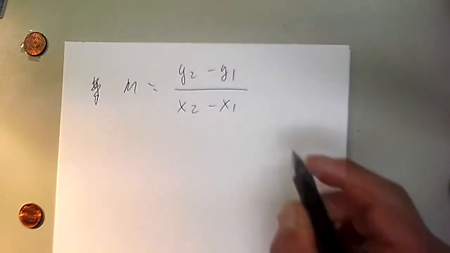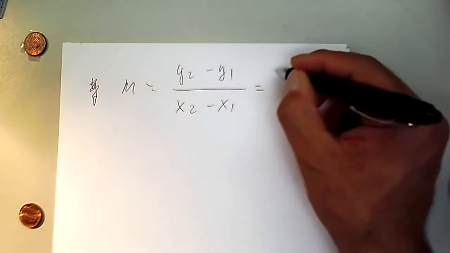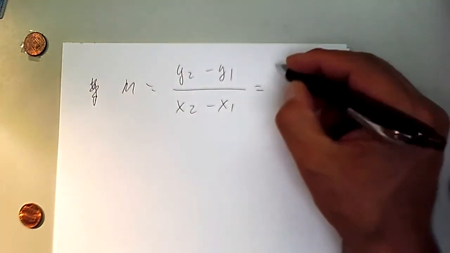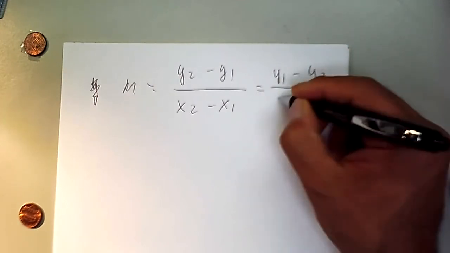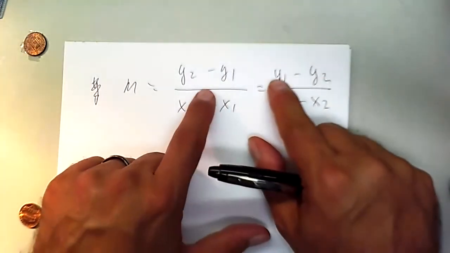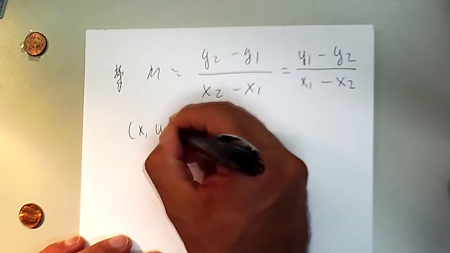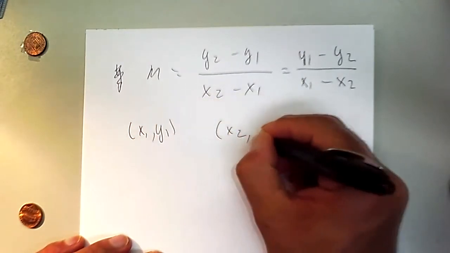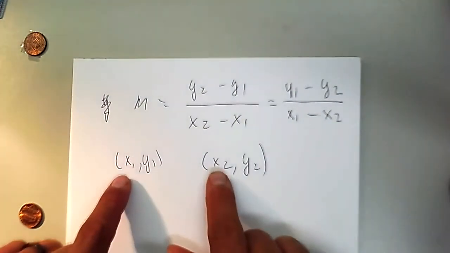And by the way, coincidentally, it is the same thing as y1 minus y2 over x1 minus x2. We're assuming that we have x1, y1, and x2, y2. As long as we're consistent, we're good.